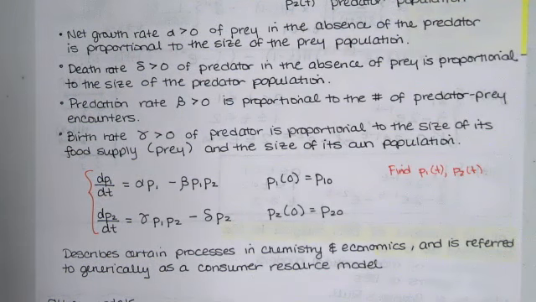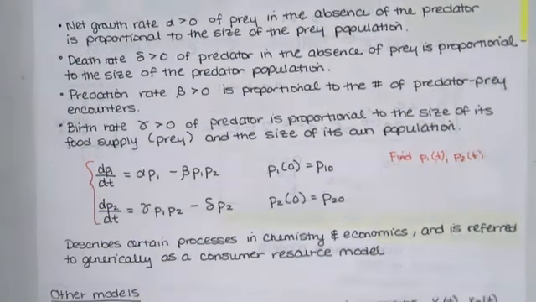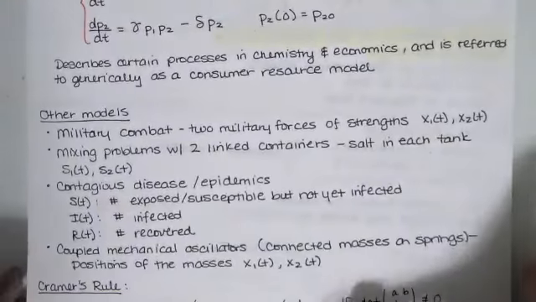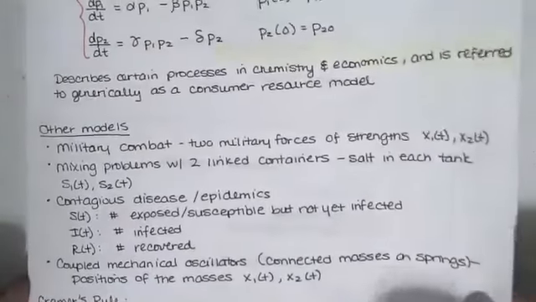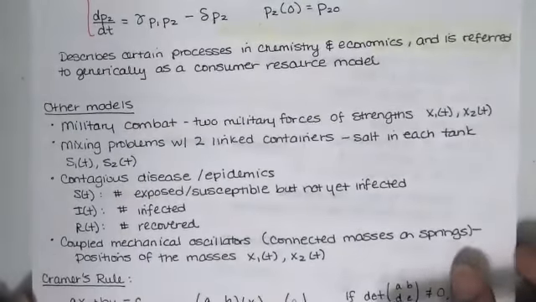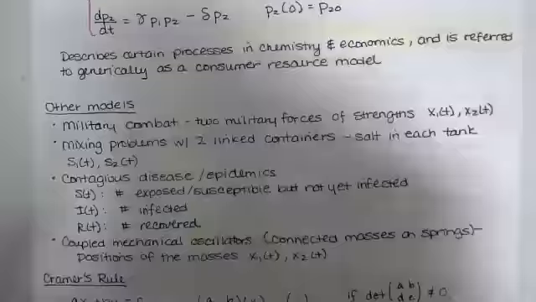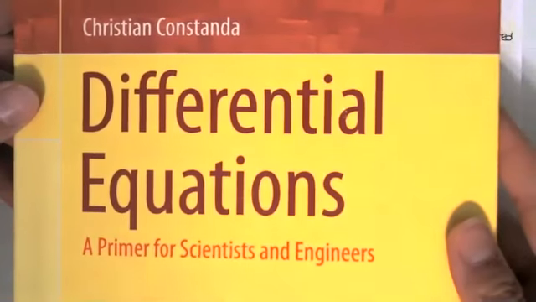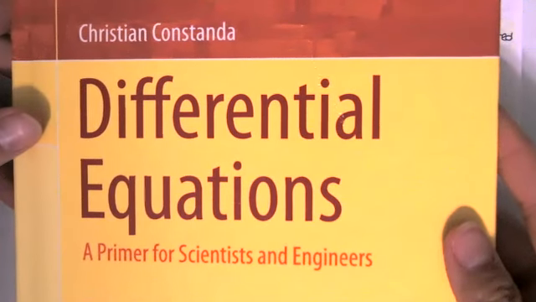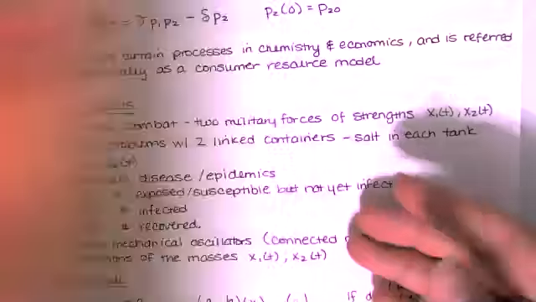Now, I'm not going to go into the details for the other models, but I just wanted to list some of these for you. These were listed in the Constanda differential equations text. So I got these notes from this book by Christian Constanda, Differential Equations, a Primer for Scientists and Engineers.